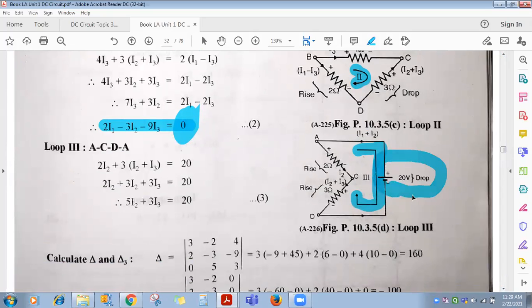Minus, correct. Minus 20. What about the 3 ohm? Voltage drop across it? Plus, correct. Plus 3 times I2 plus I3. What about the 2 ohm again? Plus 2 times I2 is equal to 0. So minus 20 volt plus 3 times I2 plus I3 plus 2 times I2 is equal to 0. After simplifying, you will get the third equation, this one.